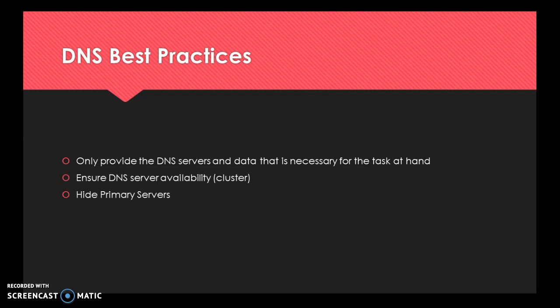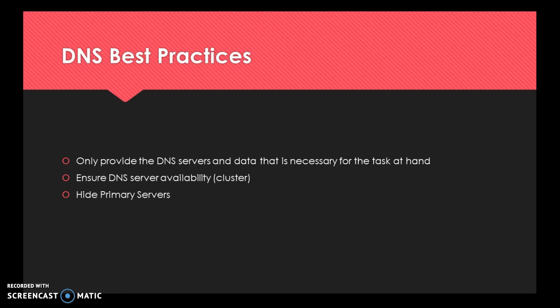You want to make sure that you're only making available the servers that are responsible for the function, and only that data should be accessible to the general public. You want to make sure all your other DNS servers and DNS data should be restricted to internal access only. Publicly accessible servers should be authoritative only and should not act recursively.